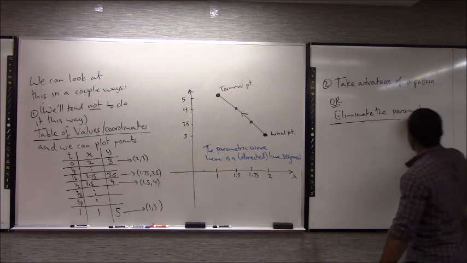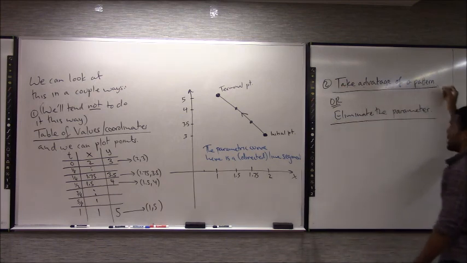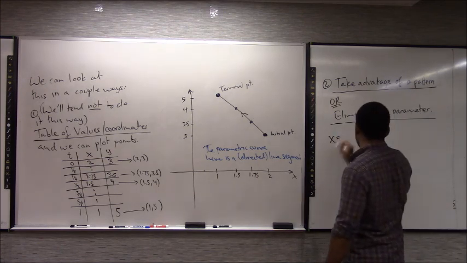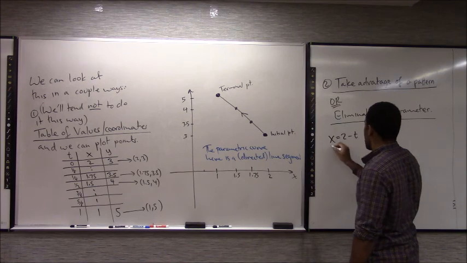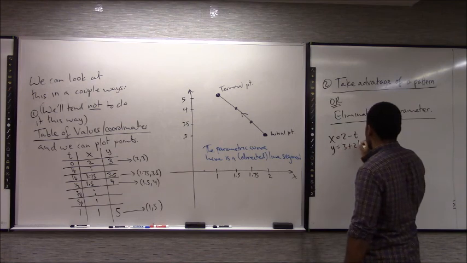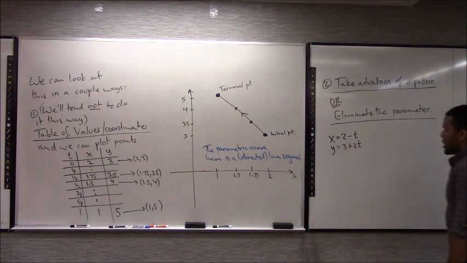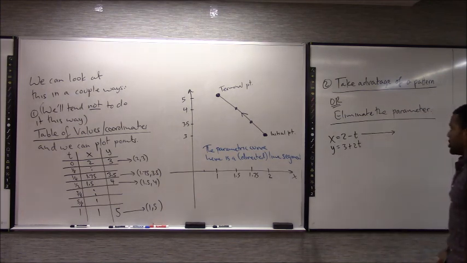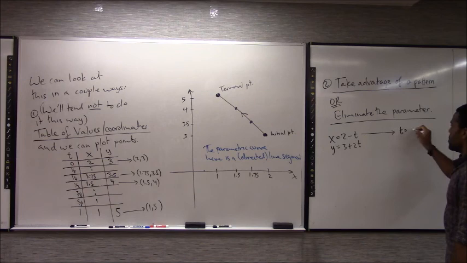So eliminating the parameter is in fact taking advantage of a pattern, as we'll see. So if my x was, what was my x? 2 minus t, and the y was 3 plus 2t. What we can do is, in this equation, I can actually solve for the t. My t is going to be 2 minus x. And what I can do is plug into the other equation.